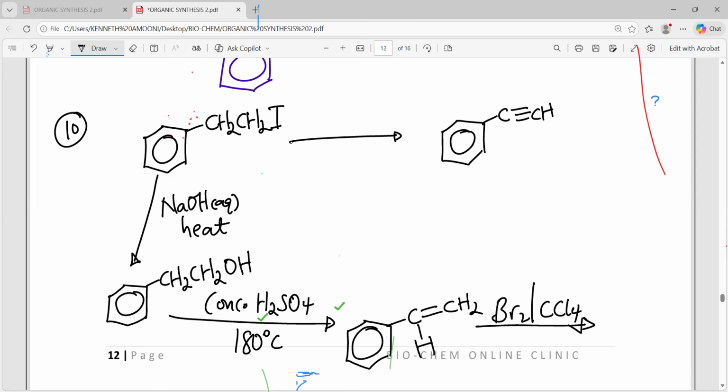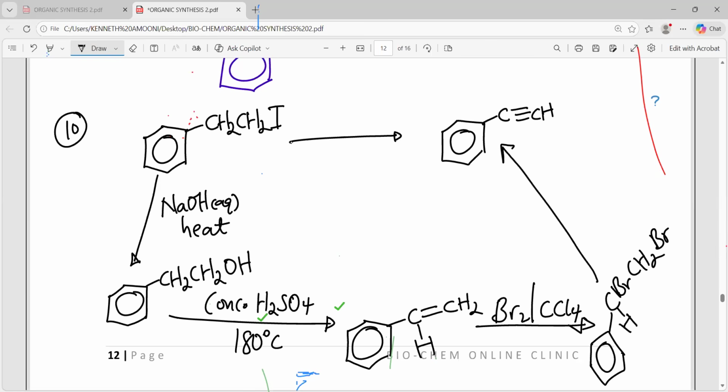Then after you would form that compound, the final thing you're going to do is dehalogenate using excess potassium hydroxide in the presence of ethanol.